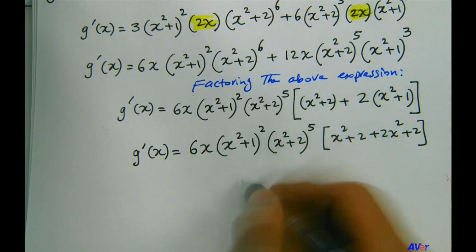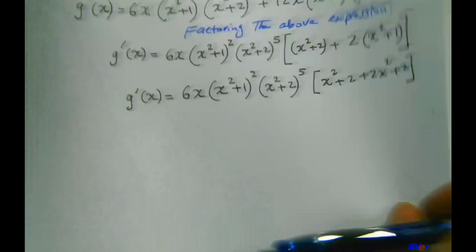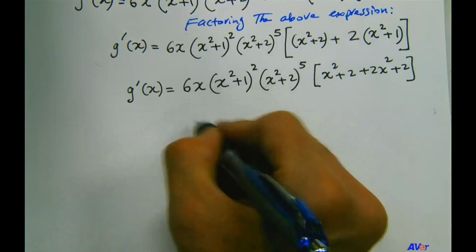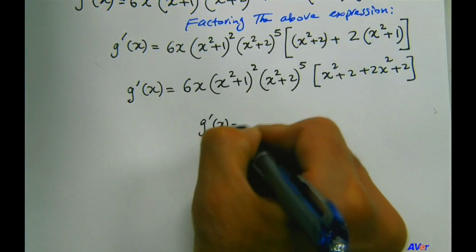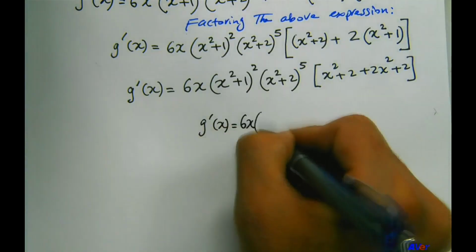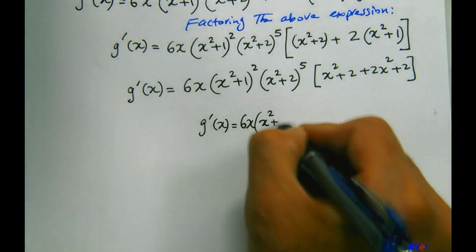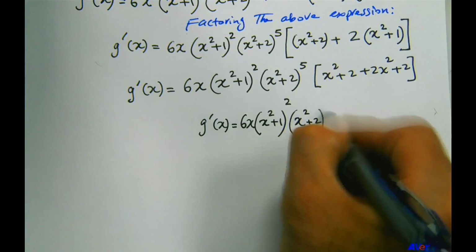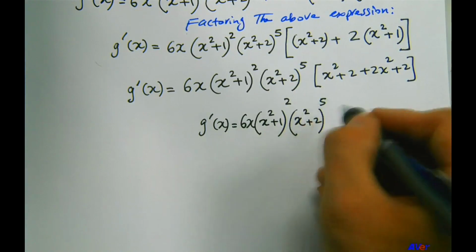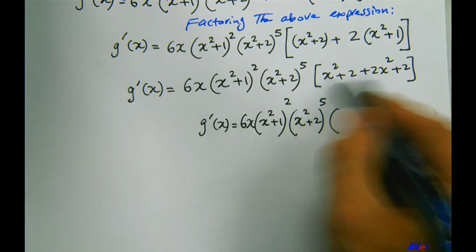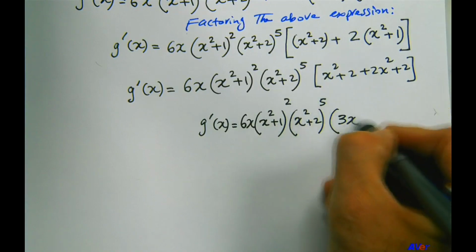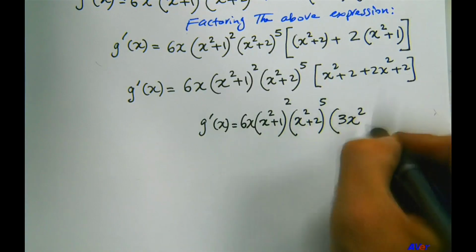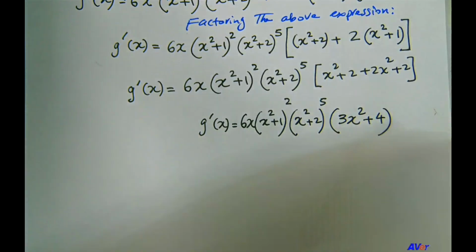And finally, g prime of x is equal to 6x times (x squared plus 1) squared times (x squared plus 2) to the 5th power times (x squared plus 2x squared, that's 3x squared, 2 plus 2 is 4), and we're done.